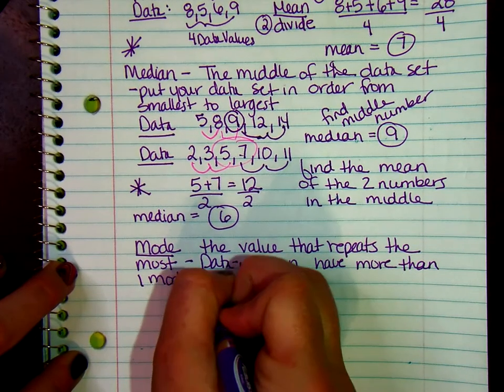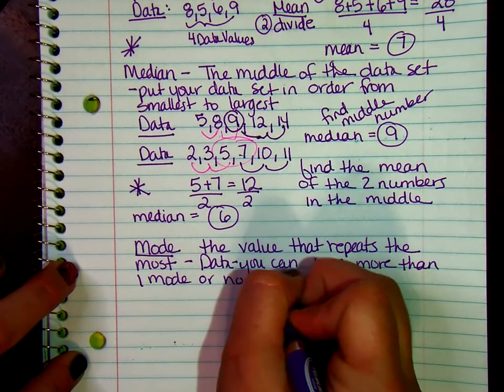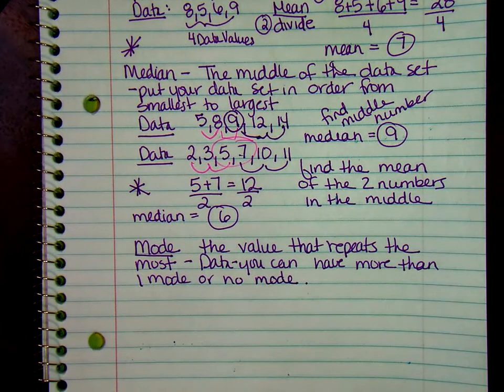Or no mode. So you can't have more than one median. You can't have more than one mean. There's one average. There's one middle number. But with mode, you can have more than one or you can have none. So if no numbers repeat more than once, you have no mode. If 2 numbers repeat the same and the most, you have 2 modes.